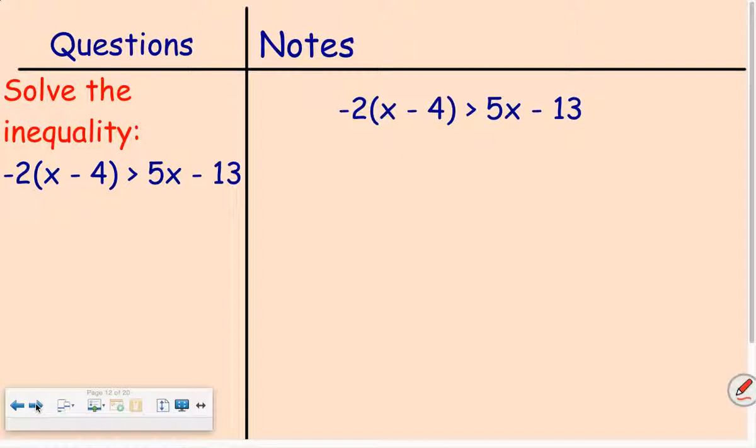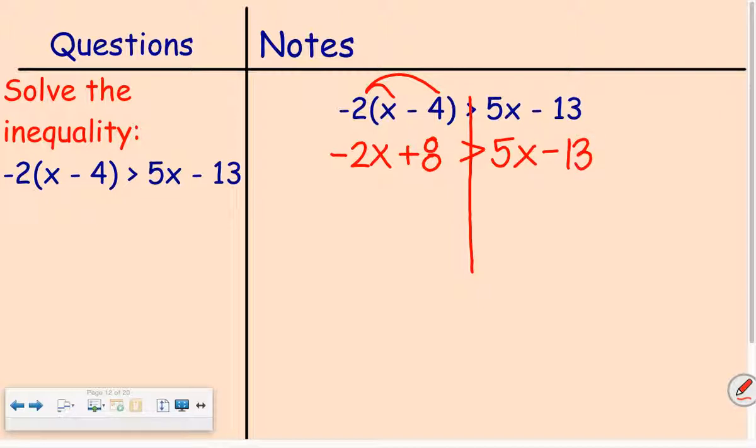All right, on this one we're going to see a number outside of the parentheses. So before we circle our variable, we need to distribute. So negative 2 times x is negative 2x. Negative 2 times negative 4 is positive 8.